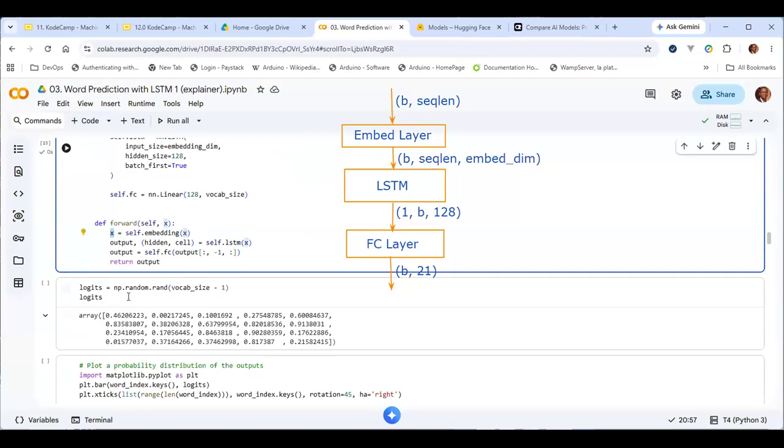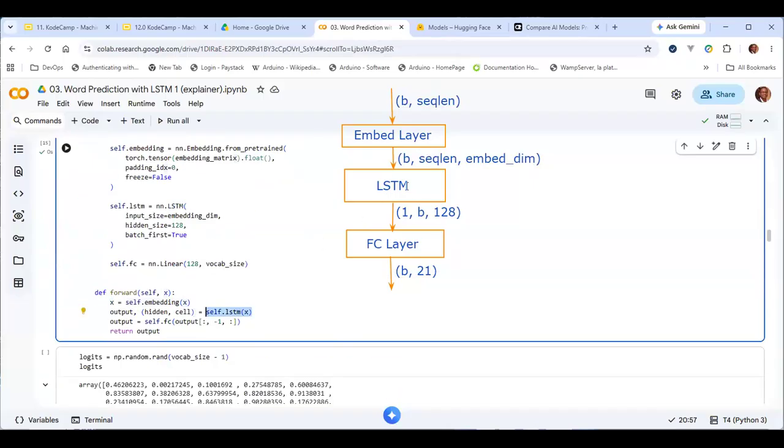Then that output is now passed into the LSTM, right? When it goes into the LSTM, you have the option of choosing the output, which has the same sequence length, or you can choose to have the hidden state and the cell state. With LSTM, there's some kind of magic that is done when you take this -1, which is the last one.